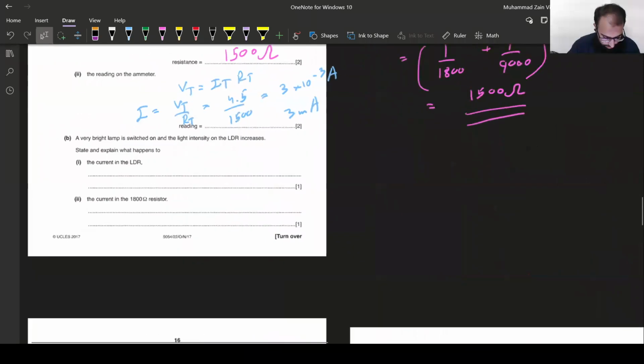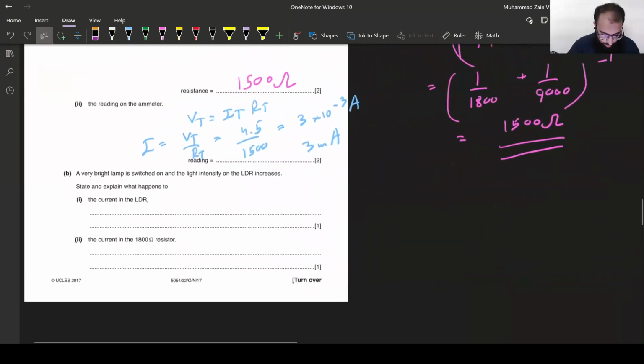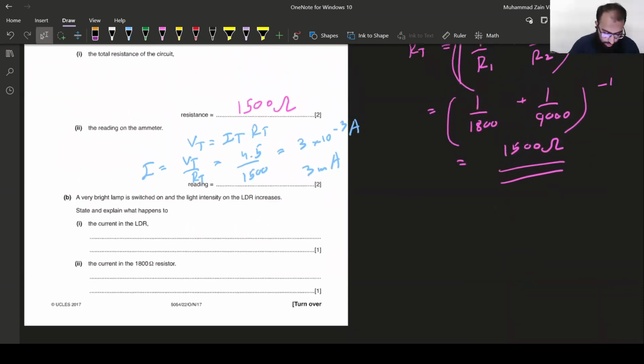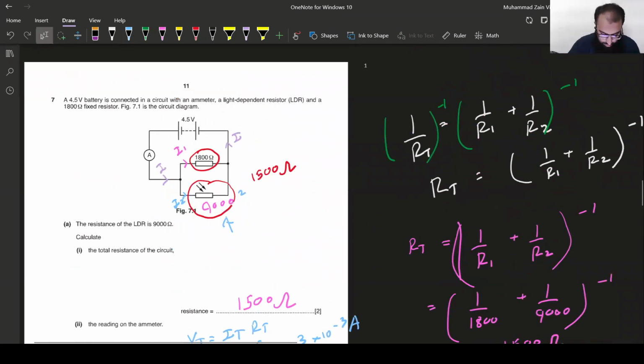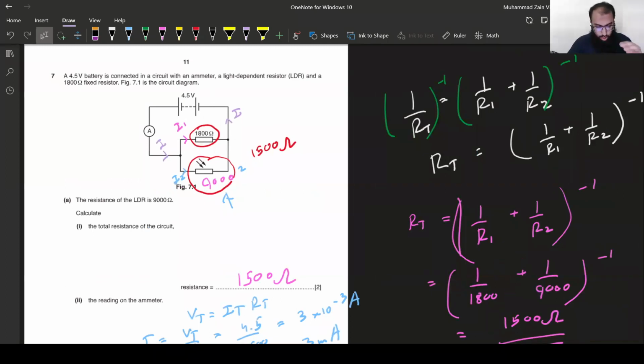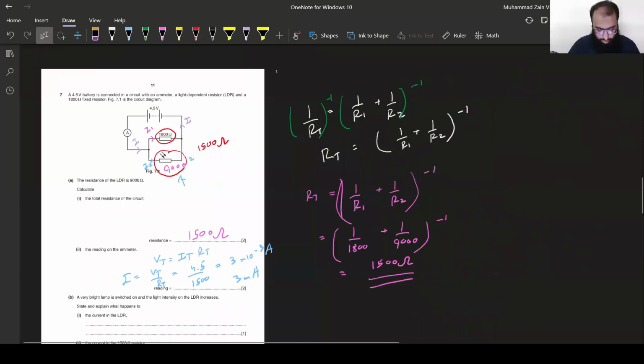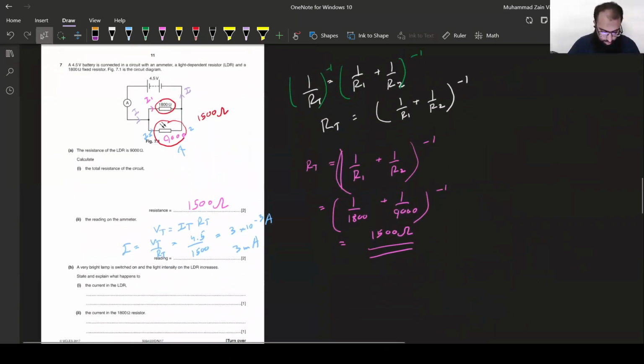The next thing is what happens to the current in the 1800 ohm resistor. The current in the LDR obviously increases, which we know. Now, if the resistance of this LDR 9000 ohm resistor decreases, what happens to the total resistance of the circuit? Would it decrease or increase? Anyone?